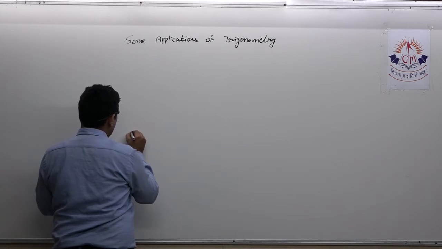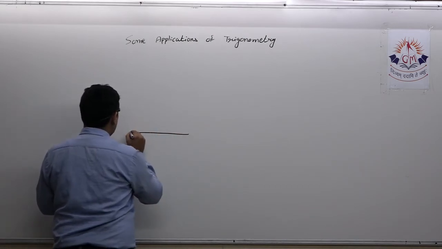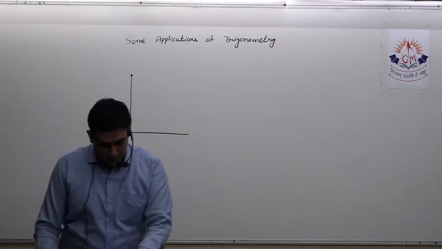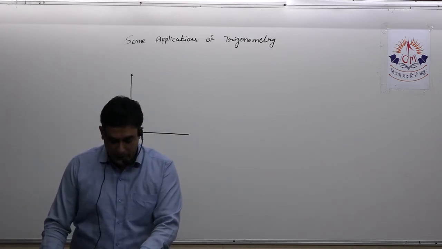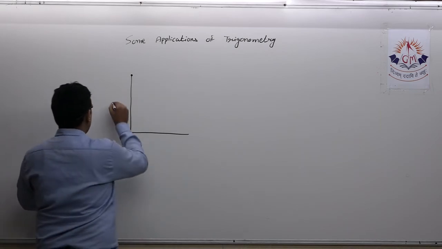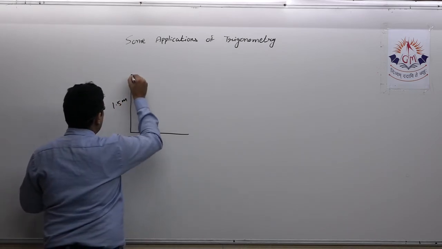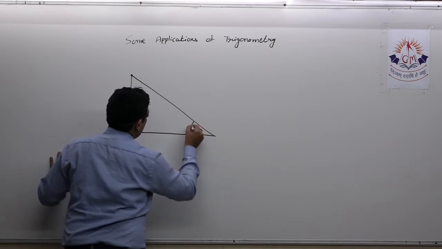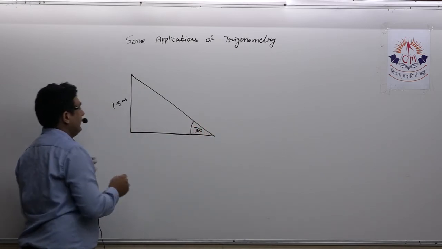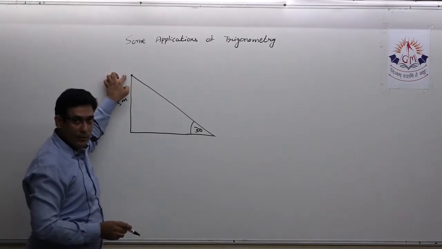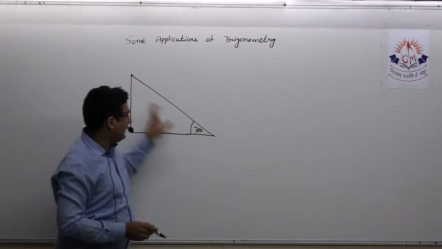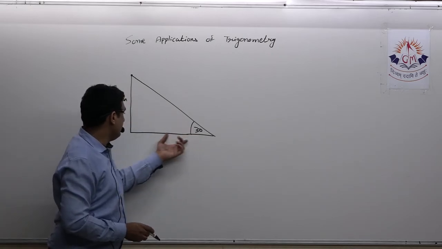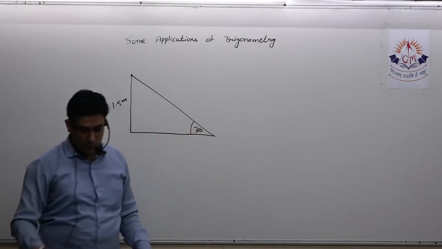The first type is the one whose top is 1.5 meters and inclined at 30 degrees. This is the first type of slide, whose top is at a height of 1.5 meters and the inclination is 30 degrees with the ground.